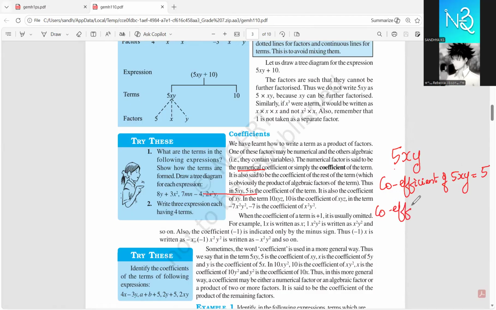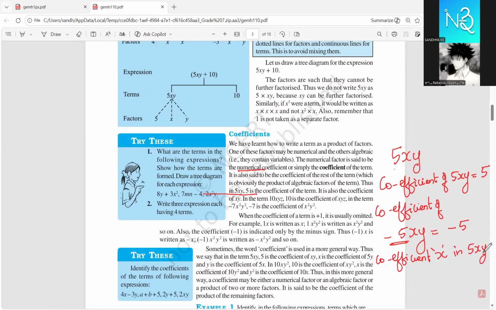If the question is the coefficient of minus 5xy, what will be the answer? Since we have a negative along with it, the answer will be negative 5. Now, the coefficient of x in 5xy, where the term is 5xy.